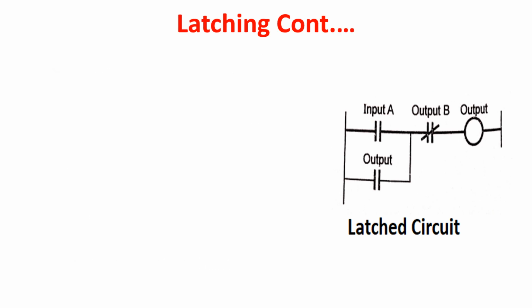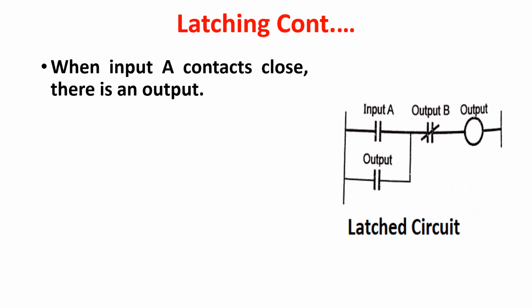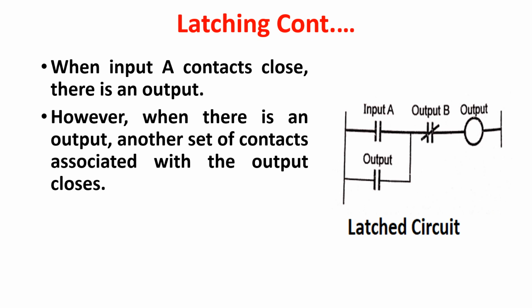When the input A contacts close, there is an output. However, when there is an output, another set of contacts associated with the output closes. The contacts form an OR logic gate system with the input contacts.